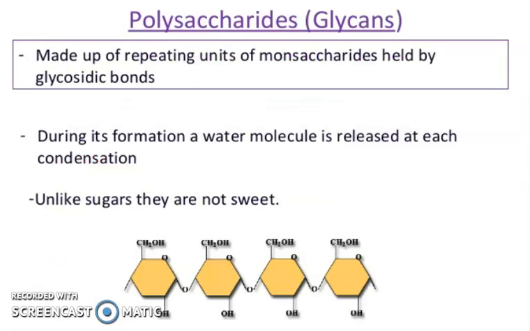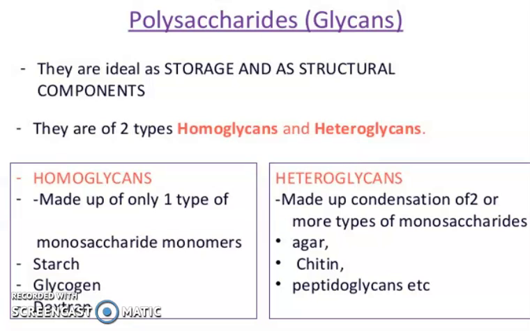Now, polysaccharides, glycans, are made up of repeating units of monosaccharides held by glycosidic bonds. During their formation, a water molecule is released at each condensation. Unlike sugar, they are not sweet. So they are ideal as storage and as structural compounds. There are 2 types: homoglycans and heteroglycans.